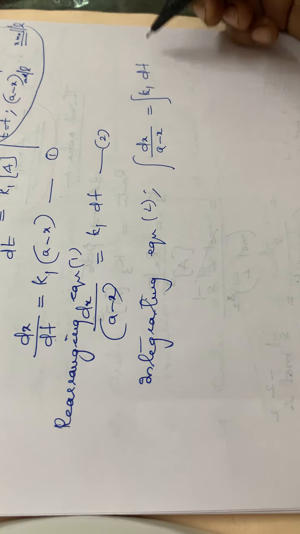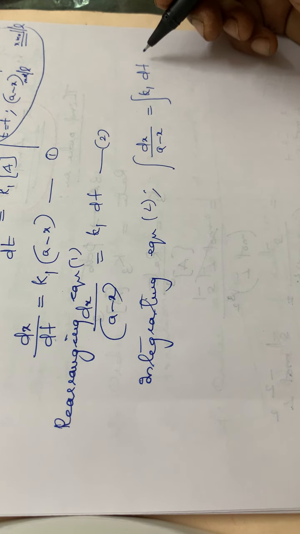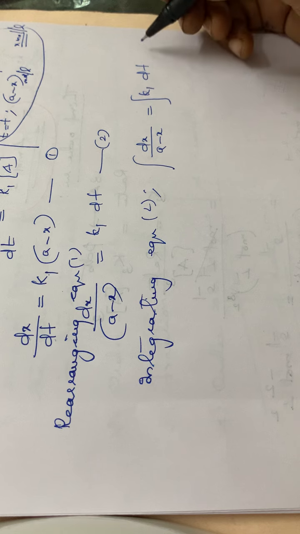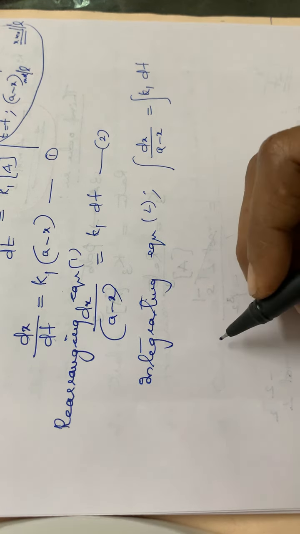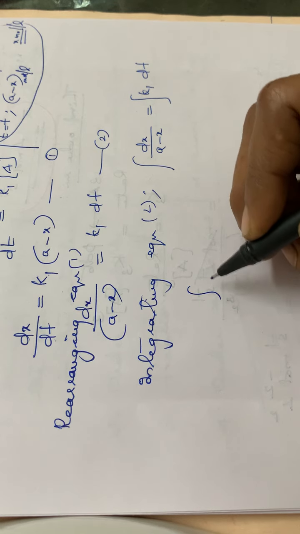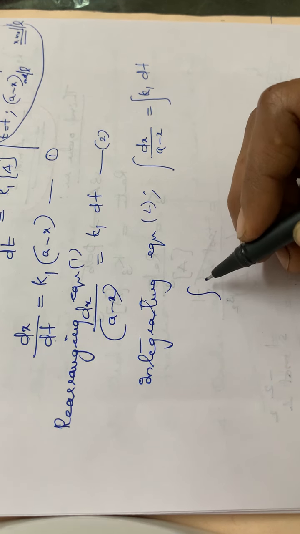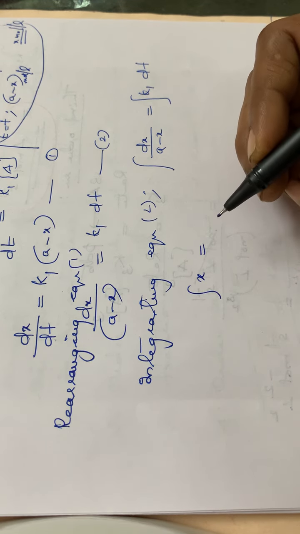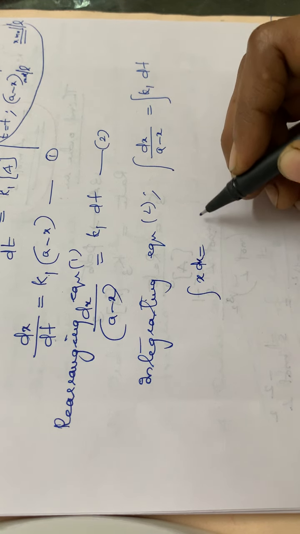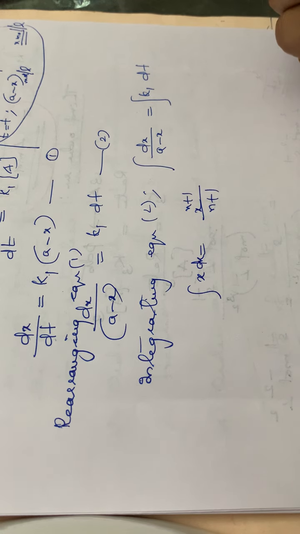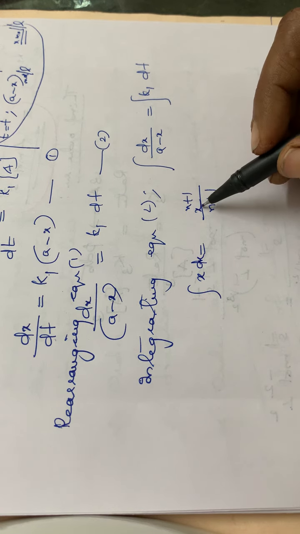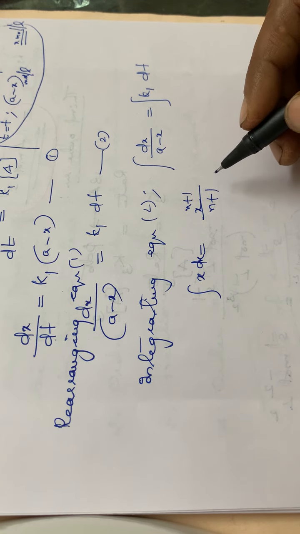After doing integration, we will be putting a constant of integration, right? So this is in the form of the integral of x to the power n dx, which is equal to x raised to n plus 1 divided by n plus 1, isn't it? That is the integral.